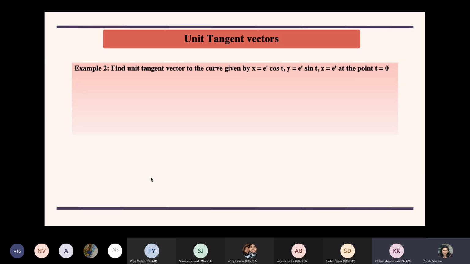Ma'am, dr by dt will be e^t cos t plus e^t minus e^t sin t. Okay, that is the i cap. Then j cap will be e^t sin t plus e^t cos t. Okay. And k cap will be e^t.